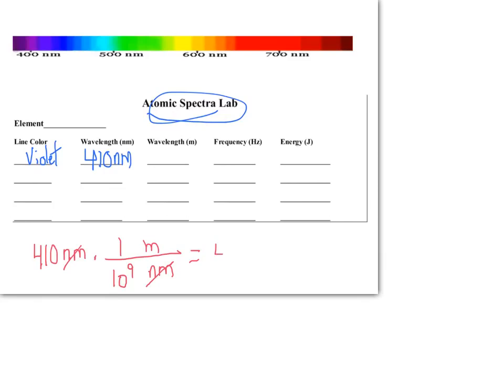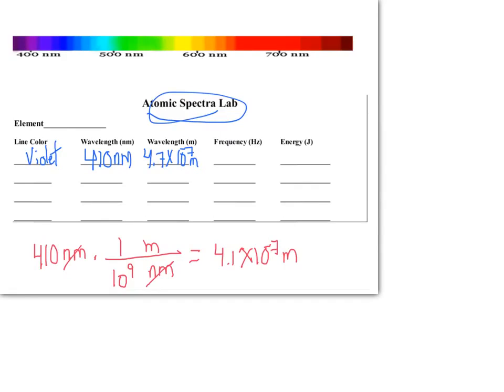So that is equal to 4.1 times 10 to the negative 7th meters. So I'm going to put this right here: 4.7 times 10 to the negative 7th meters.